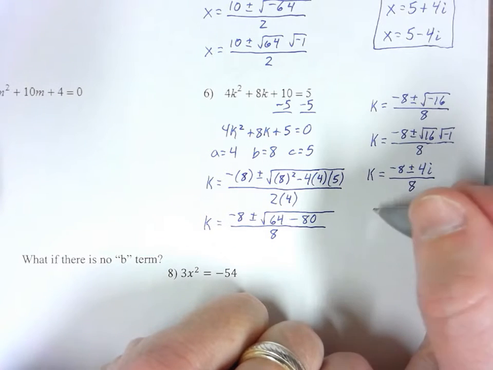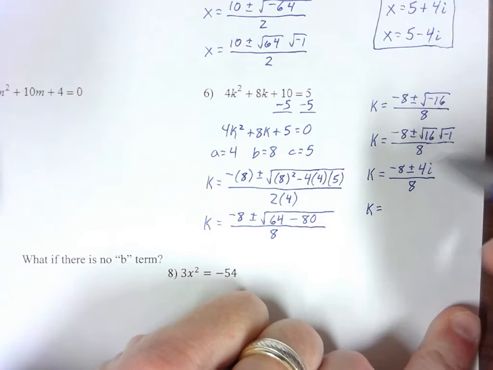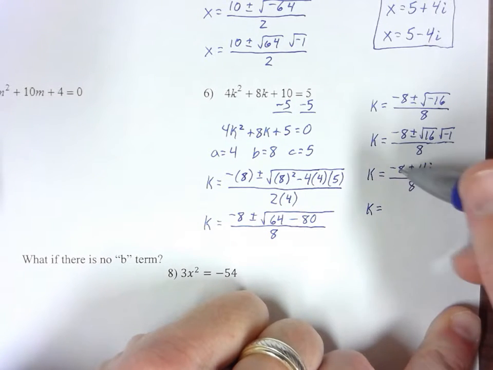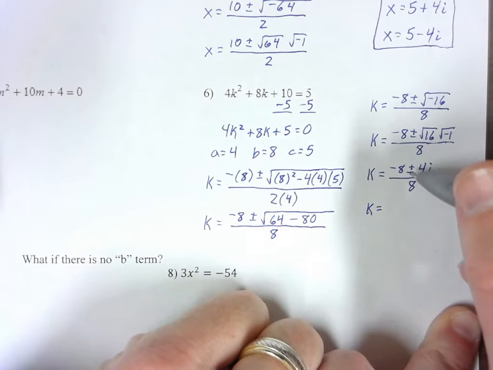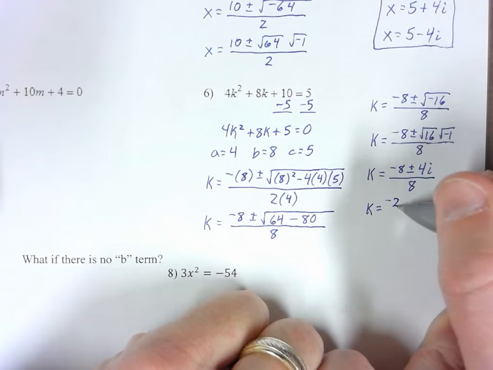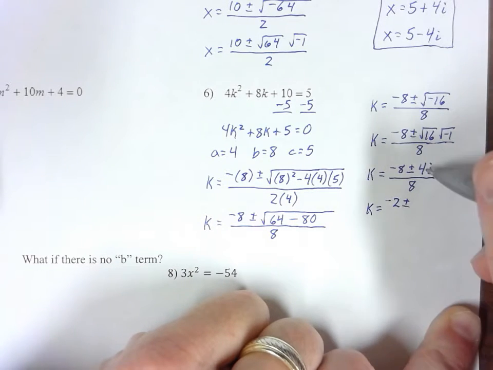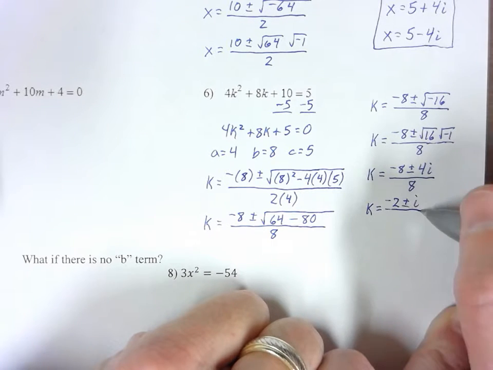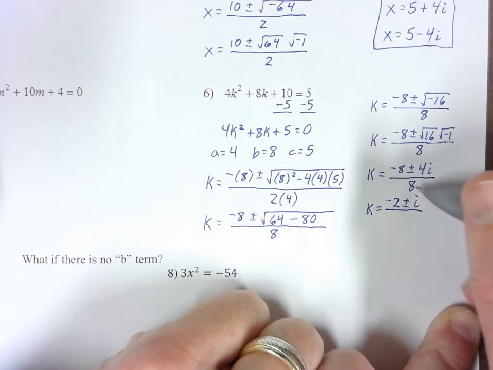So 8, 4, and 8, those can all be divided by 4. So negative 8 divided by 4 is negative 2. 4 divided by 4 is 1, or just i. And 8 divided by 4 is 2.